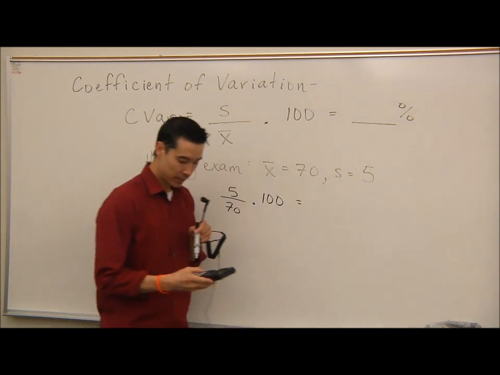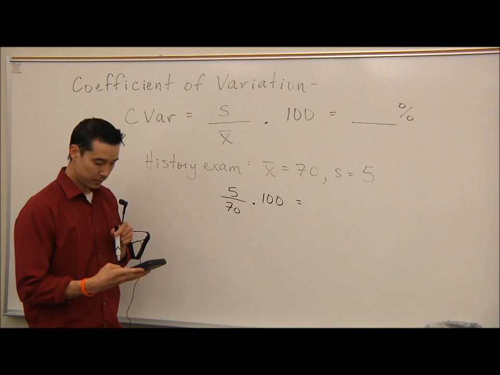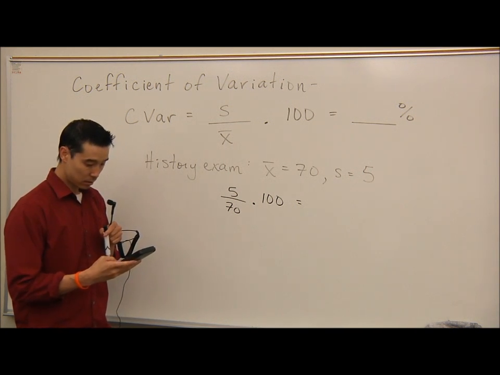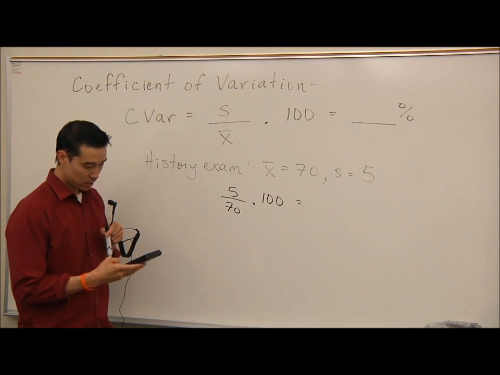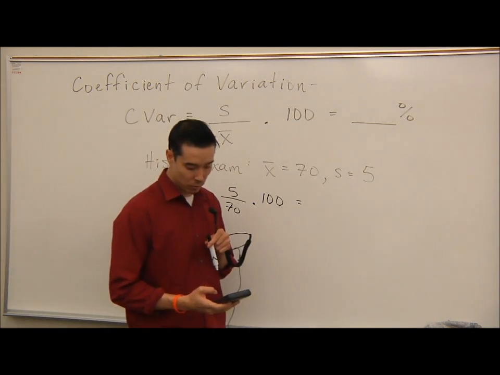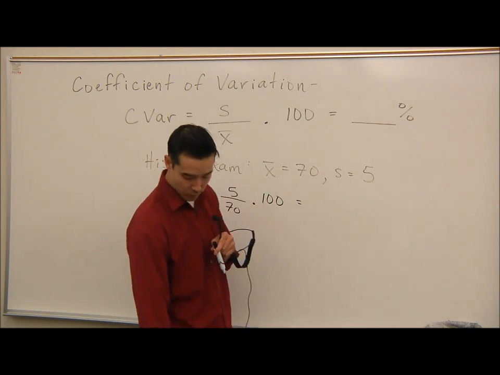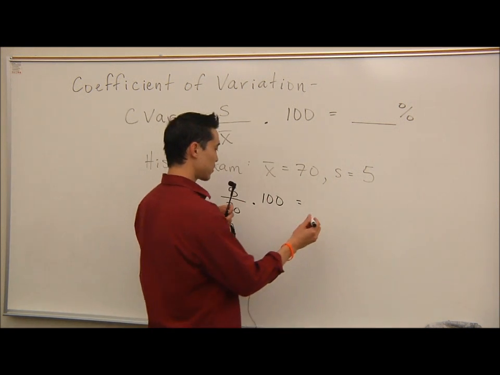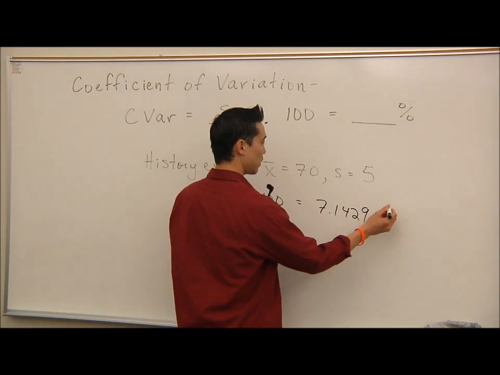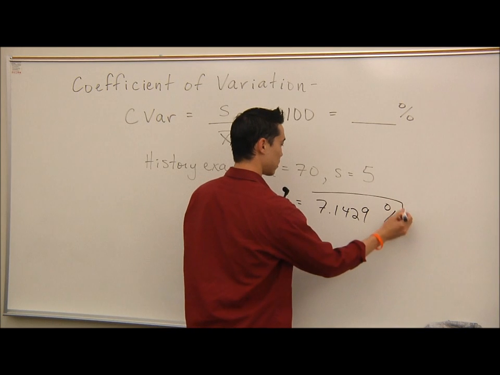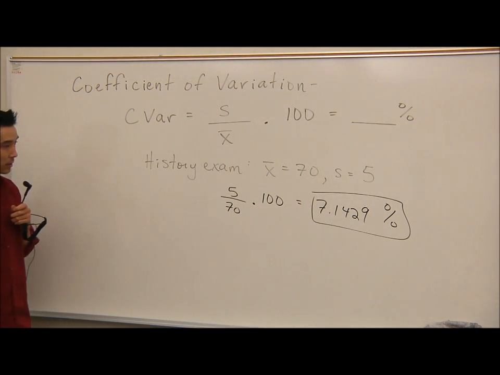So 5 divided by 70 times 100. 7.1429 if I go 4 decimal places. Everybody get that? 7.1429. And then we're going to write that as a percent. 7.1429%. We write the answer with a percentage symbol. Coefficient of variation for the history test.